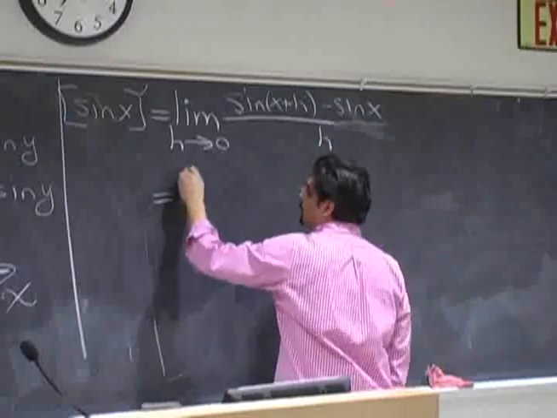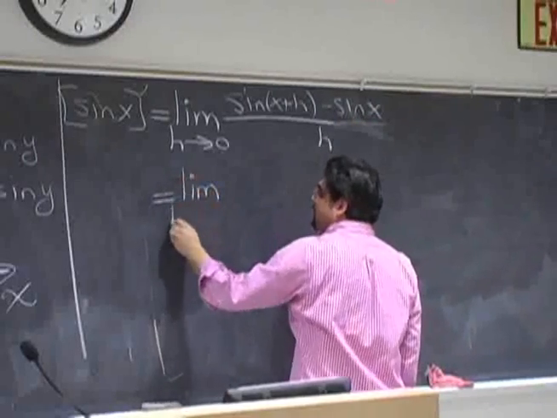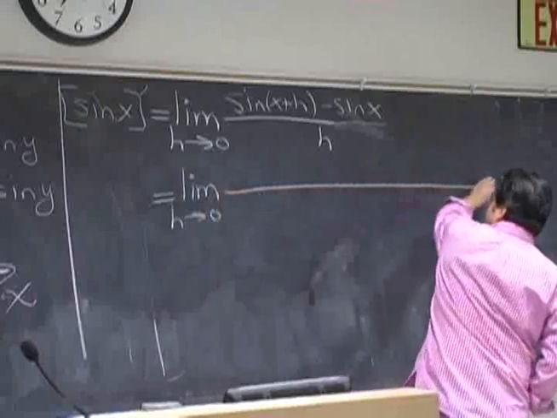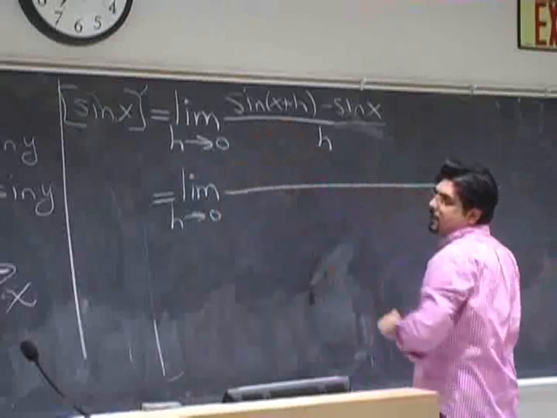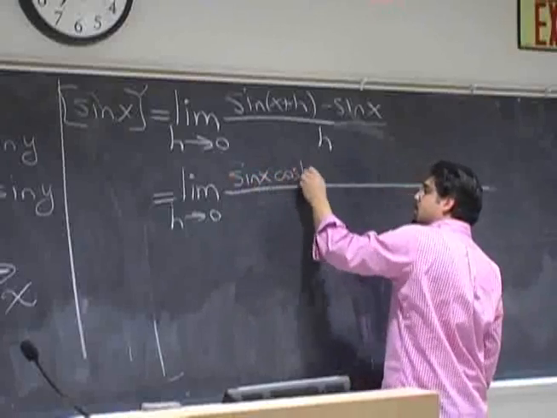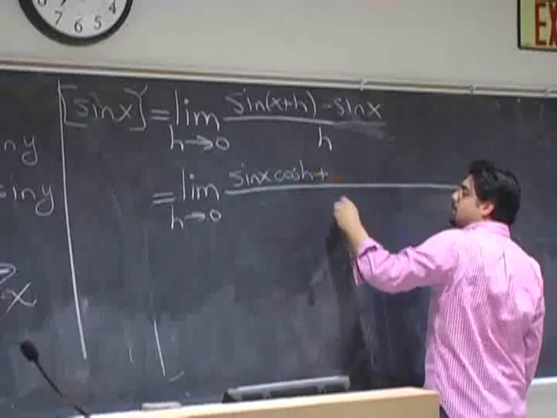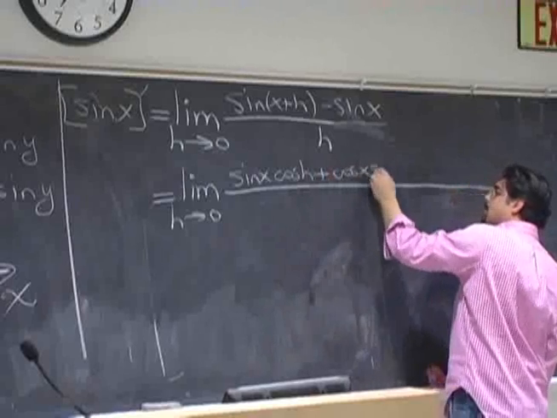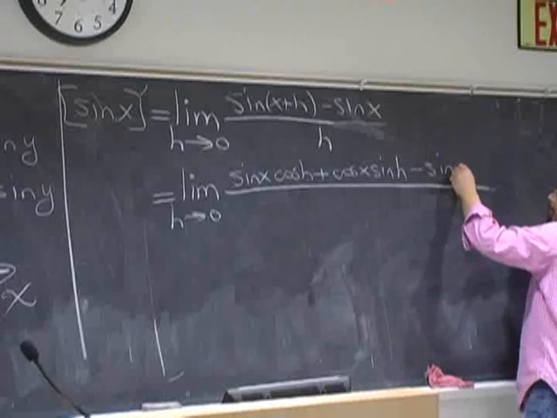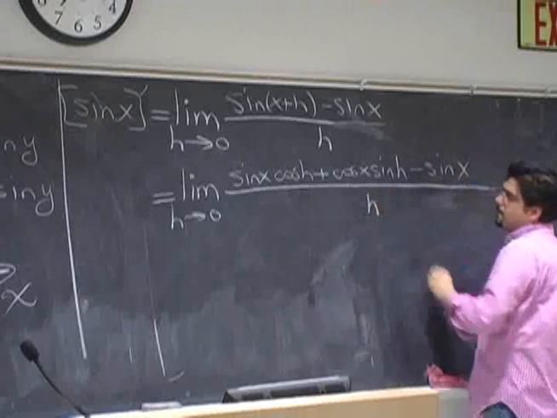Okay. Let's see what that leads to. Well, sine of x plus h, from that formula over there, we know that it's sine x cosine h plus cosine x sine h minus sine x over h.